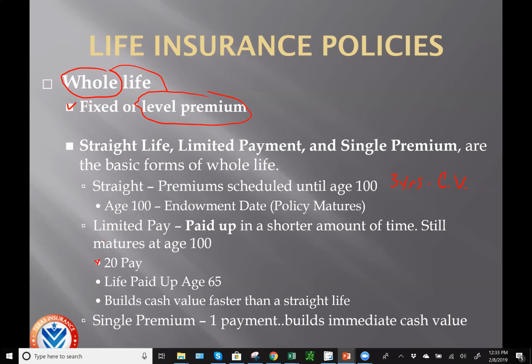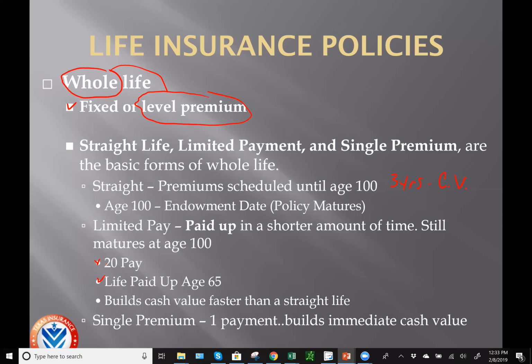After 20 years, no more premiums are due, but your coverage stays in effect up to age 100 or until you die. Another way I've seen it is like a life paid up at age 65, so that you're going to make premium payments until you retire at age 65. However, after age 65, no more premiums are due, and the policy still matures at age 100.